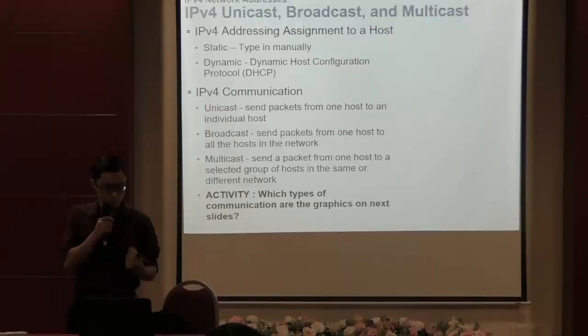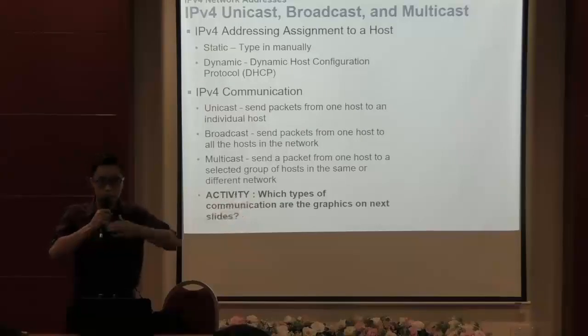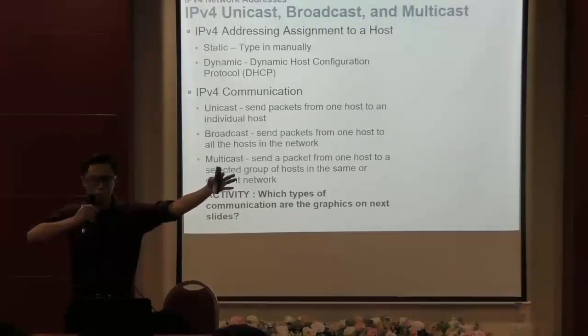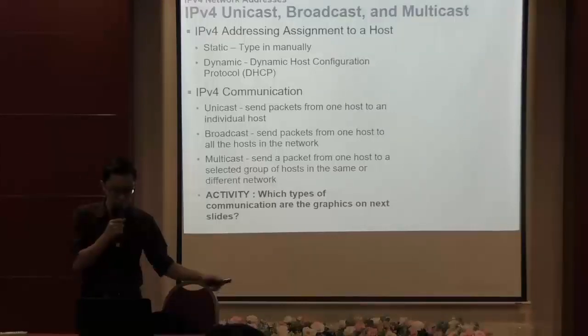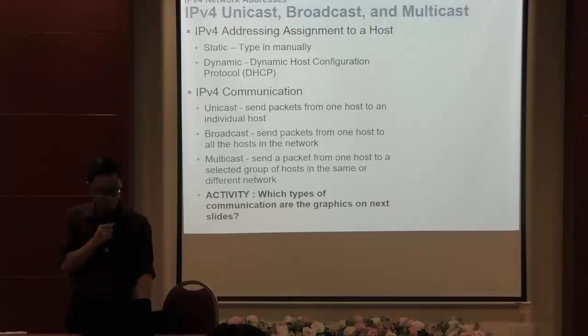Broadcast sends a packet from one host to all hosts in the network. For multicast, it sends a packet from one host to a selected group of hosts in the same or a different network. Okay, so we do some activity to make sure you understand.